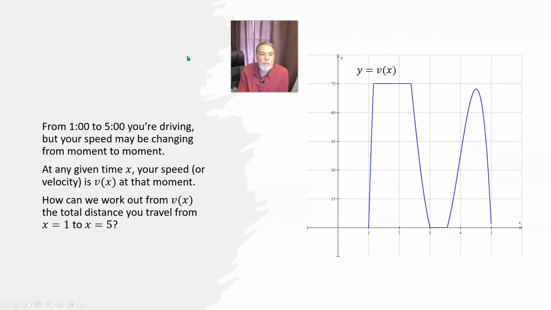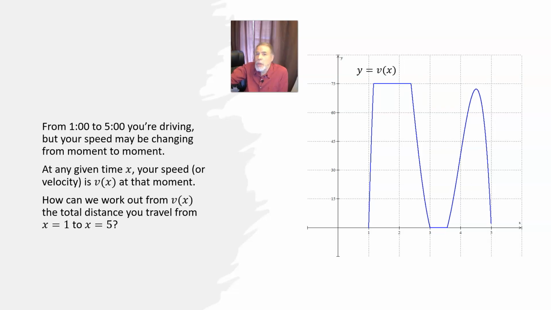So, what if from 1 o'clock to 5 o'clock you're driving, but your speed may be changing from moment to moment? All you know is at any given instant in time, there's a particular speed or velocity that you're traveling at that instant. So you can think of your velocity as a function of the time.